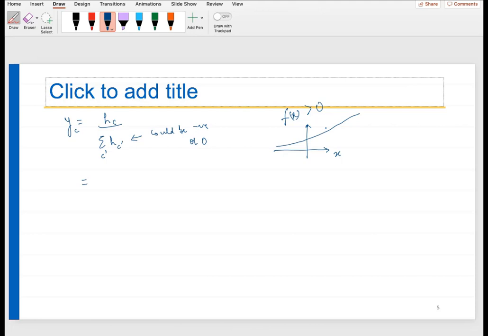I could take sigmoid. What is the problem with sigmoid then? But still it is monotonous, it is monotonously increasing, it is differentiable. The values will be very close to each other. Yes.